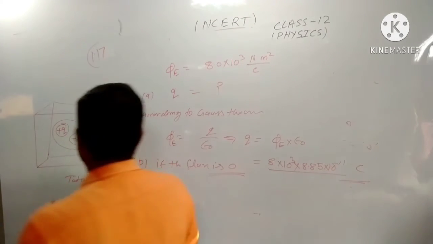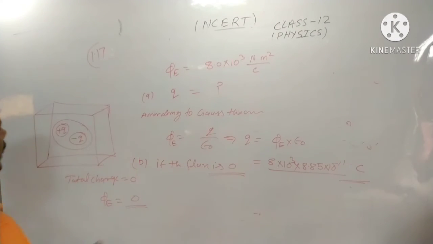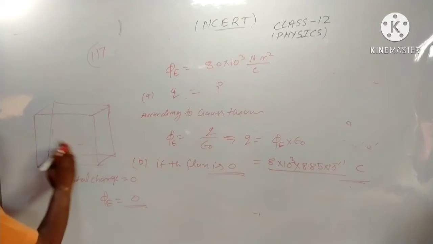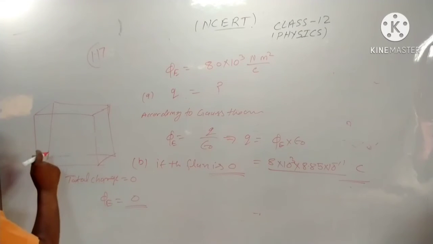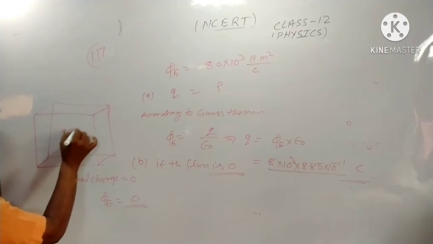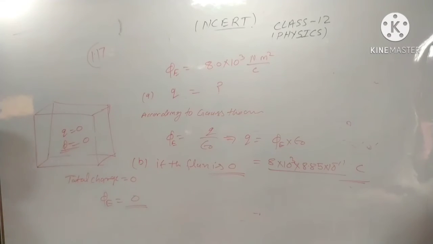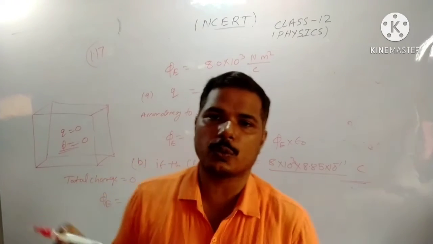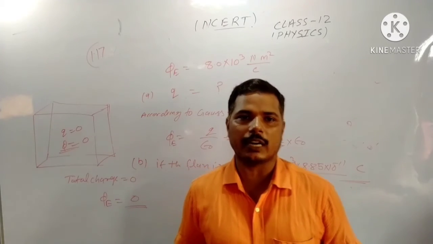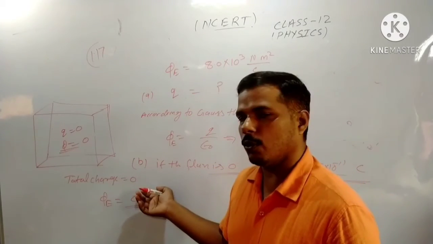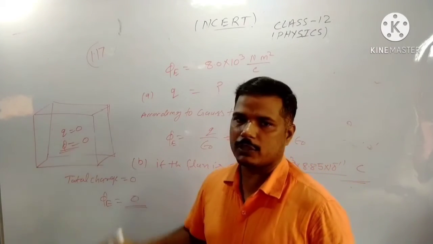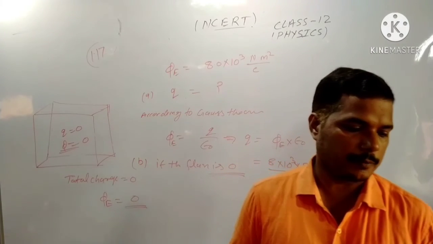Okay, so the flux will be 0. And also if there is no charge, it is empty, then Q is equal to 0. So flux is equal to 0. So it is not necessary that there is no charge. It may be there will be charge, but the flux will be 0 if the total sum of charge will be 0.